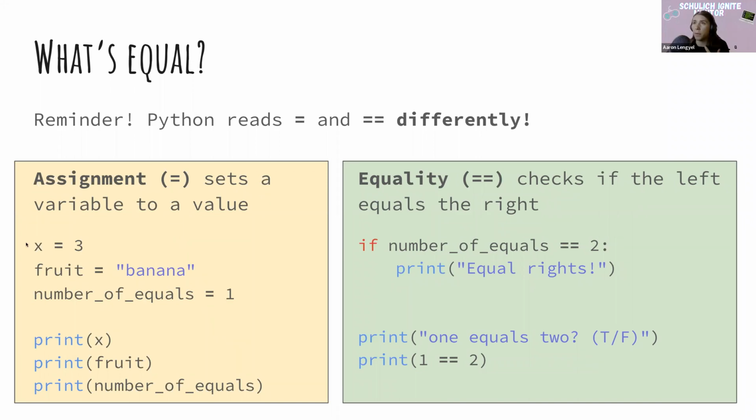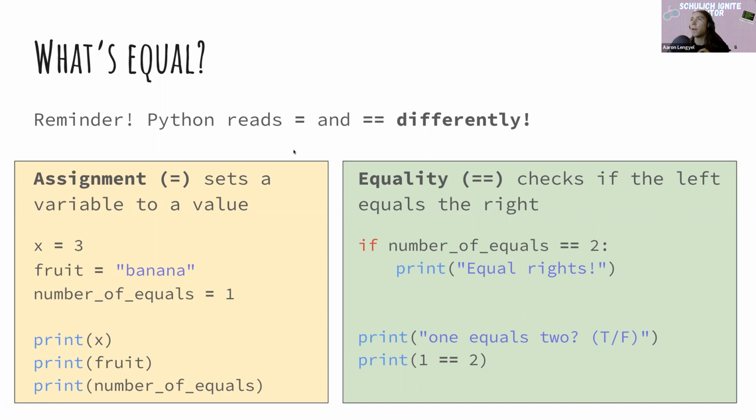Assignment is setting a variable to some data. Here we're setting x to 3, and fruit to banana. Equality can be used in the conditions that you put into your if. Assignments can't. So you would want to use the double equals if you want to check for equality, not a single equals.